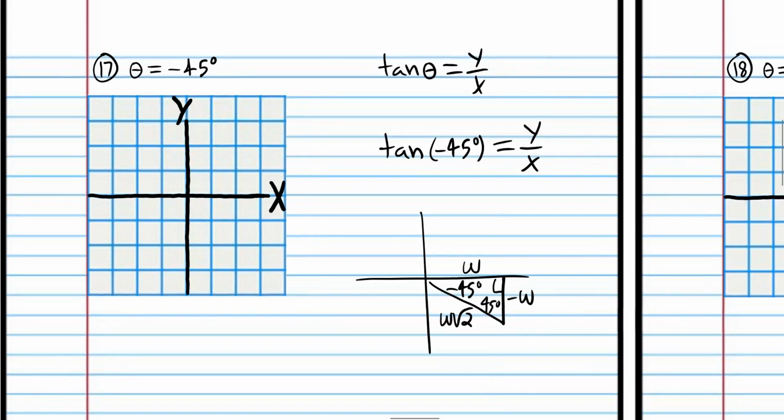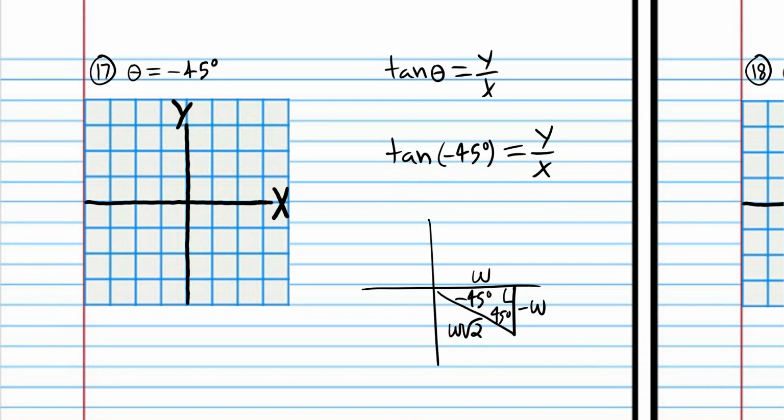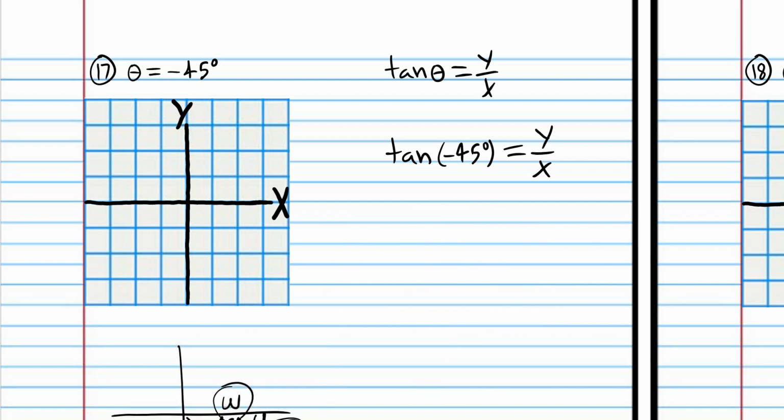So tangent negative 45 is opposite over adjacent, which gives us negative 1. And I should probably keep that and just put it down here. So that's equal to negative 1. Multiply both sides by x, and we get negative x is equal to 1. So that's very easy to graph.